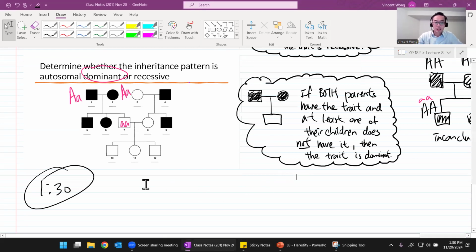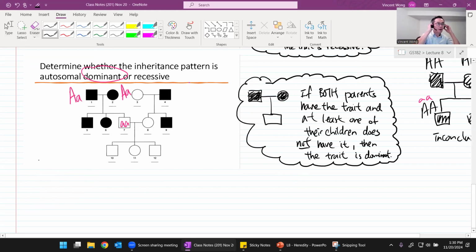All right, here we go for round two. What we have done so far is to look at the inheritance pattern of a single trait, right? Flower color, or brown eyes, blue eyes, and whatnot.